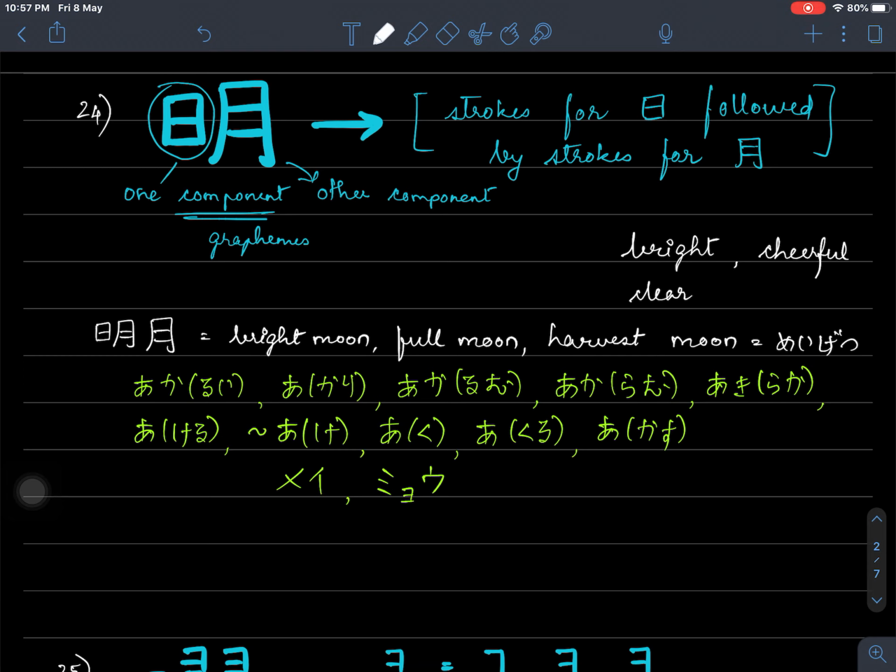Okay, let's have a look at another way of writing. This is how you would write the kunyomi of it with the kanji. This, of course, being akarui. Okay, I'm not going to rewrite the meaning.